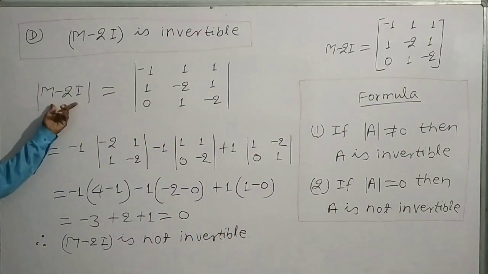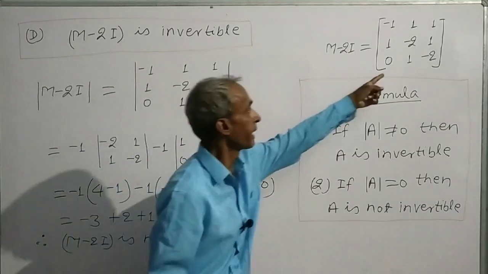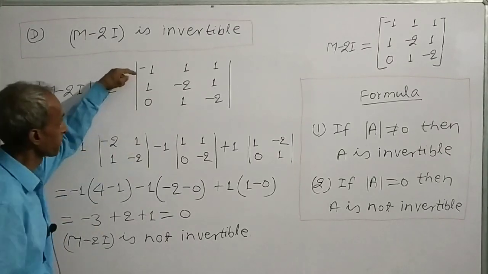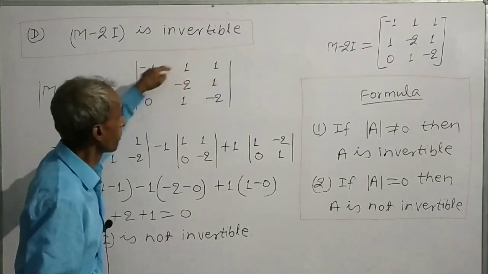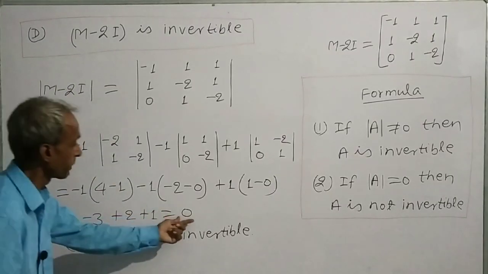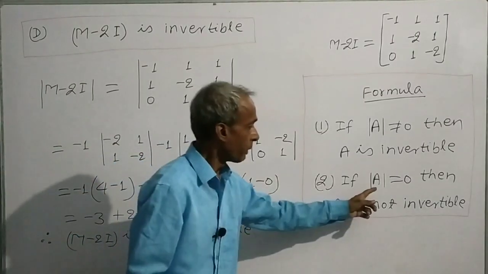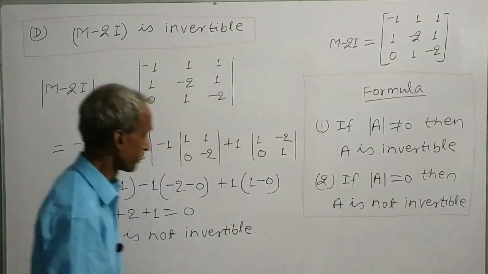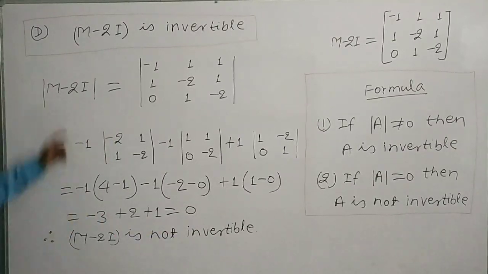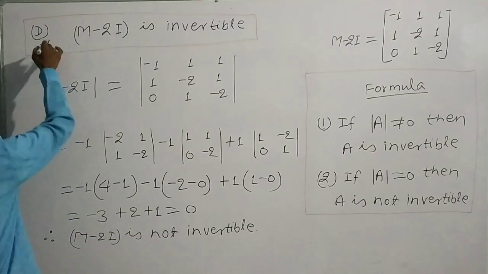We find determinant of M minus 2I, that means determinant of this matrix. Expand this determinant along first row. Then value of determinant of this matrix is equal to 0. Now, by using this formula, M minus 2I is not invertible. Therefore, this option is incorrect, means not correct.